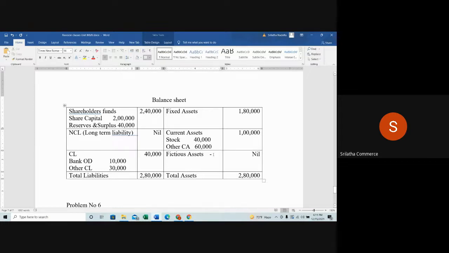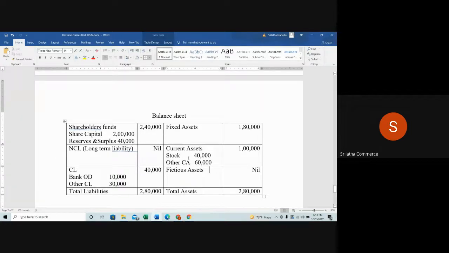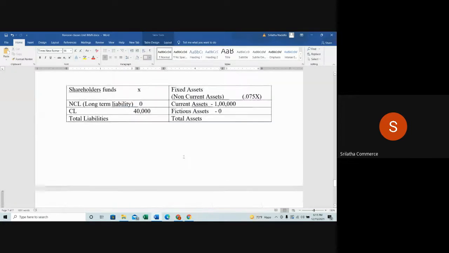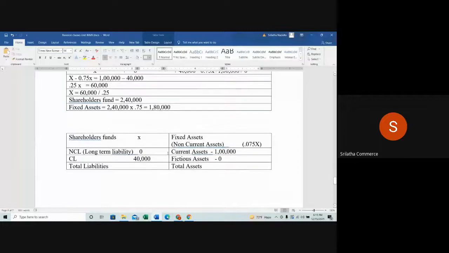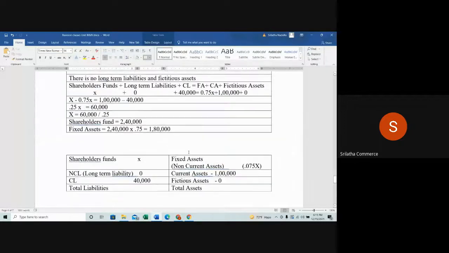Anyone having any doubt? I think with this we can stop our revision class. Are you copying down? This is the equation only.